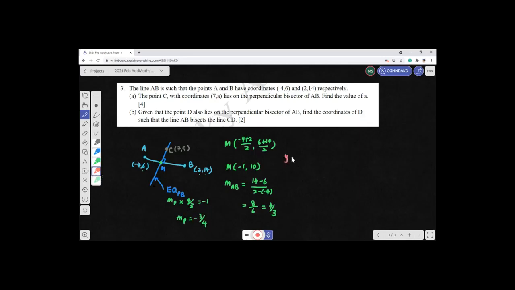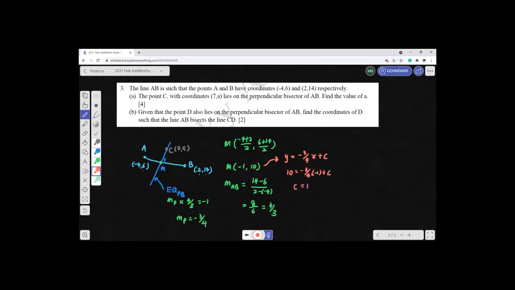So y equal to mx plus c. In order to find the c, substitute the midpoint into the perpendicular bisector equation. So when you substitute in, then you shall find your c.